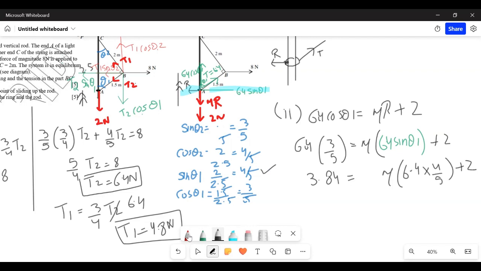It's going to be 6.4 into 4/5, which is 5.12. Plus 2, send plus 2 to the other side, 3.84 minus 2 divided by 5.12. It's giving me 23 upon 64. Which is the correct answer.